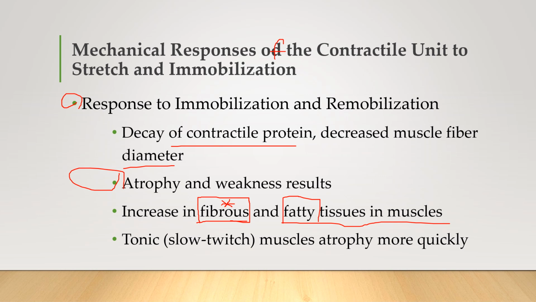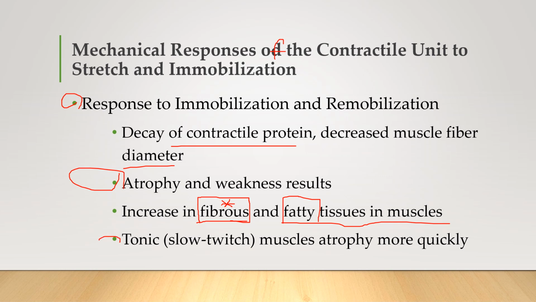It's not going to withstand stress as well as normal healthy tissue. So this is why they've done lots of studies on early mobilization following a number of injuries, including post-surgical injuries and interventions. We're going to help decrease the risk of fibrous tissue forming, which is going to decrease the risk of adhesions, contractures, and limited range of motion in the long term.